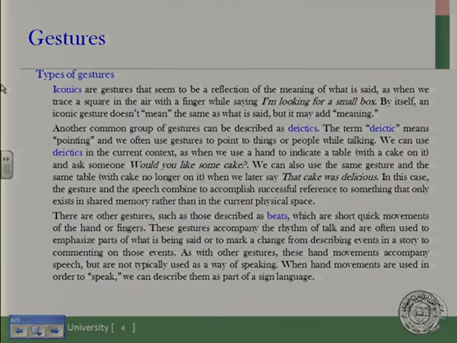As with other gestures, these hand movements accompany speech but are not typically used as a way of speaking. When hand movements are used in order to speak, we can describe them as part of a sign language.